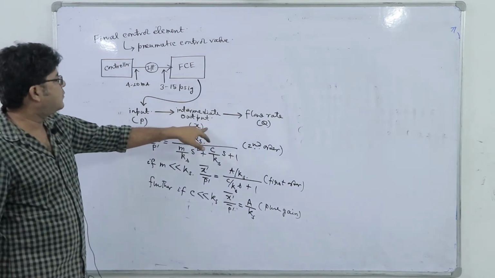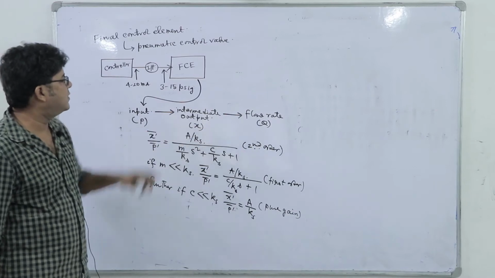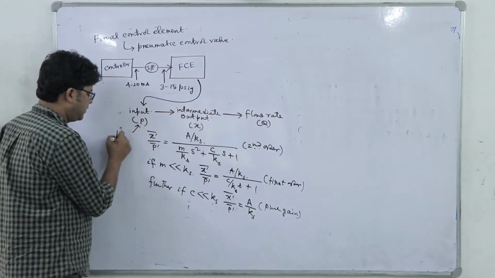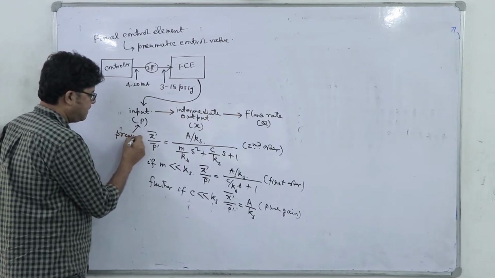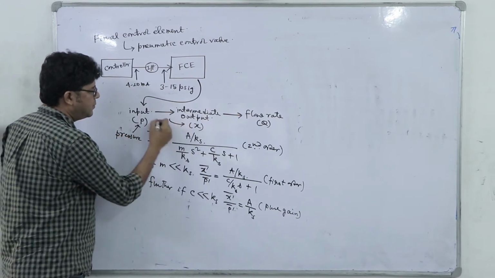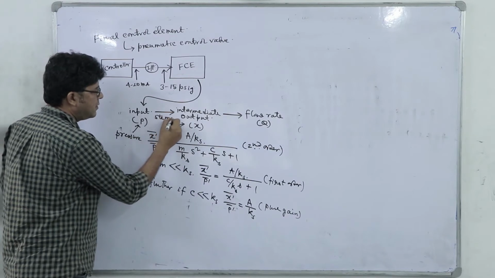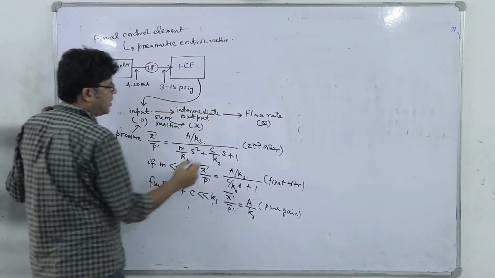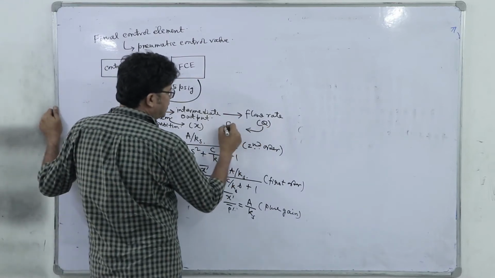So next we have to think about the relation between the stem position. So this is pressure, see this is pressure, this is the stem position, which we consider as intermediate output, and q the flow rate.